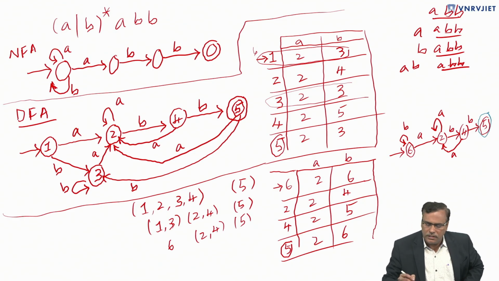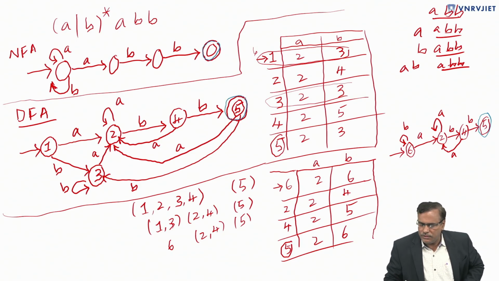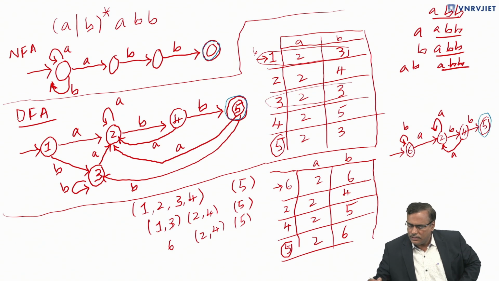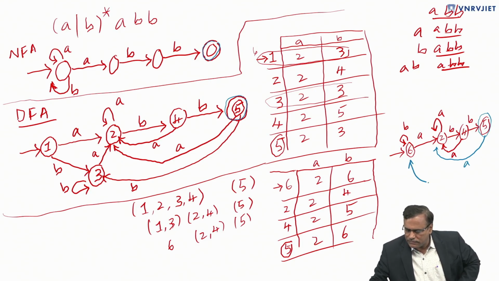And also here, this is a final state. That is, final states are drawn with a double circle. You just remember. Next, 5 on A, where are you going? That is 2. Next, 5 on B, where are you going? That is 6, the start state itself.